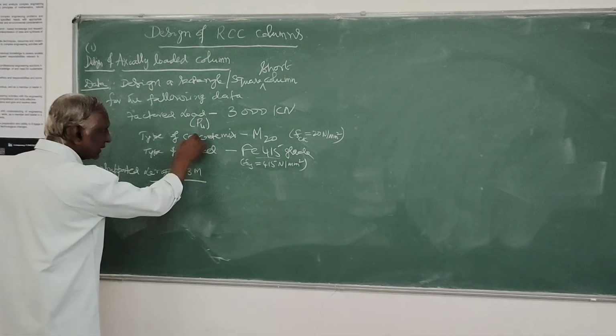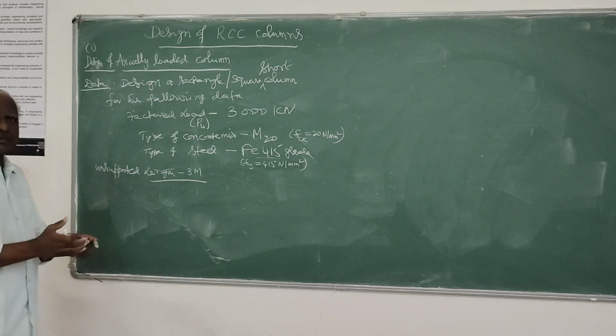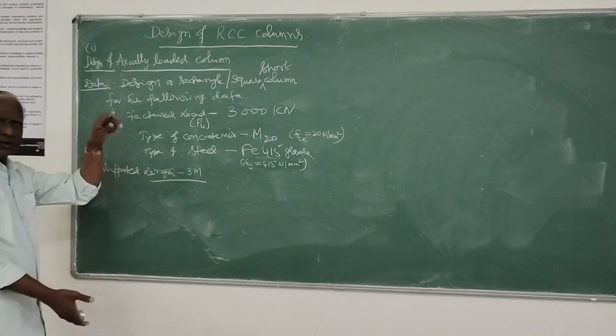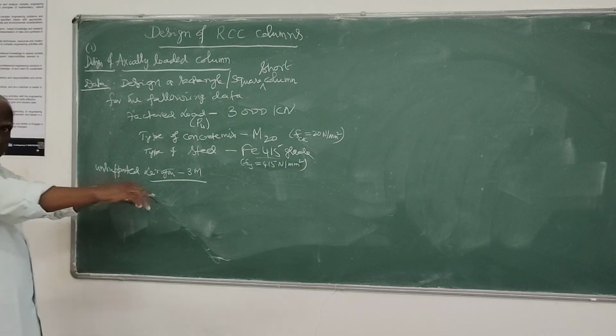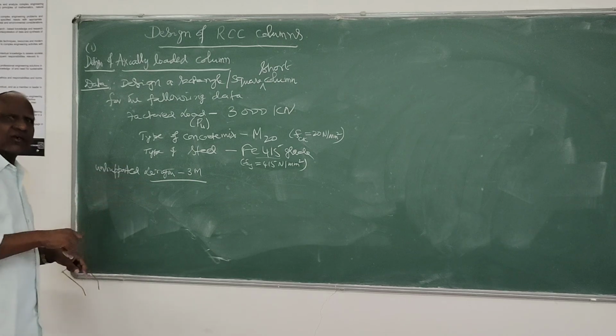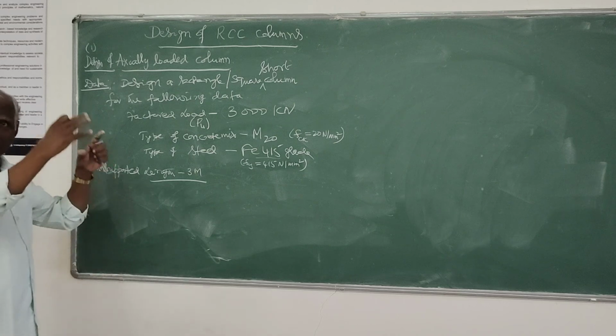Using this, you have to arrive at suitable cross-section dimension for the column. Height of the column is already known, unsupported height. And the cross-section dimension you have to fix, and steel you have to arrange, whether parallel to two edges, how many numbers.